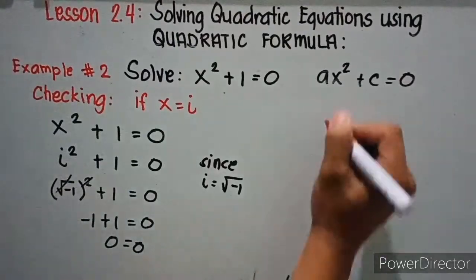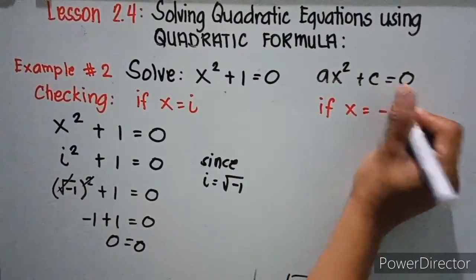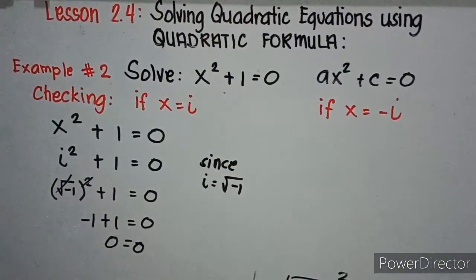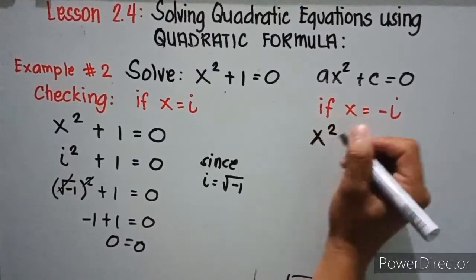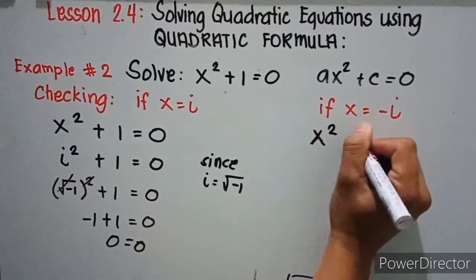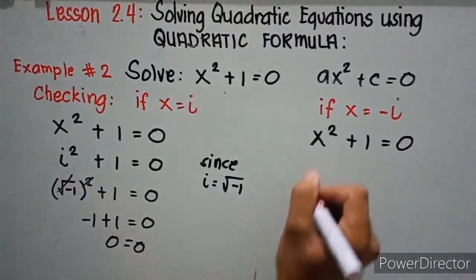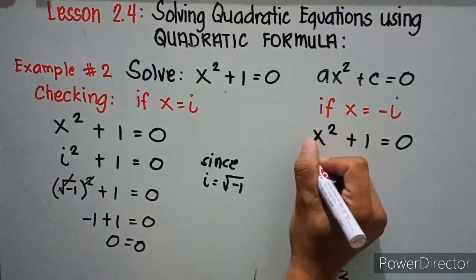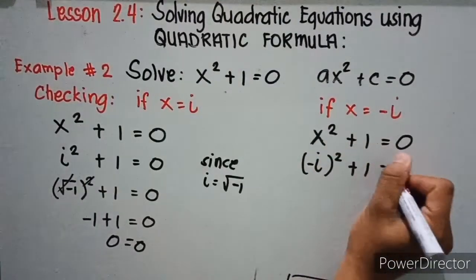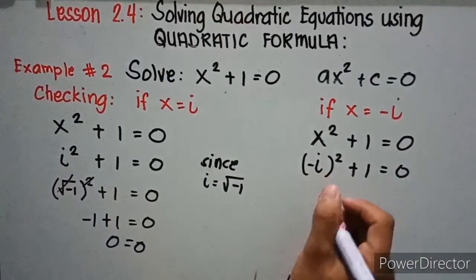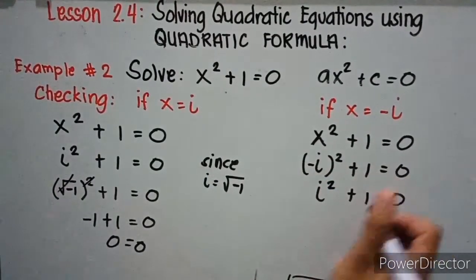Then, if x is equal to negative i, we will have x squared plus 1 is equal to 0. So we'll have negative i squared plus 1 is equal to 0. Negative times negative, that is i squared plus 1 is equal to 0.